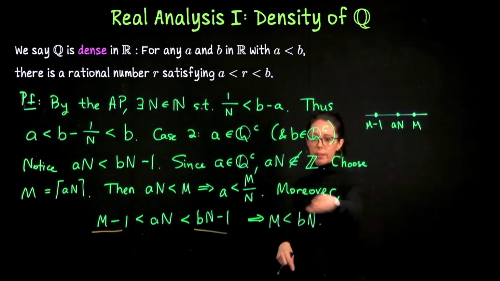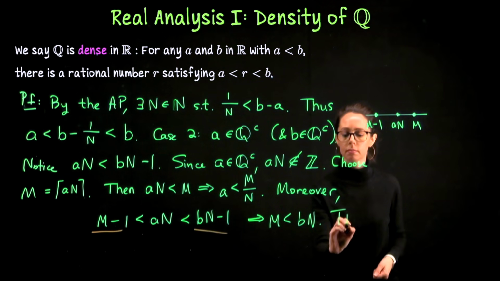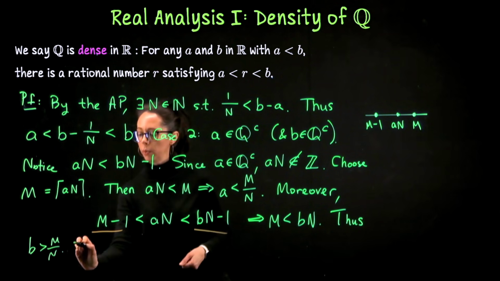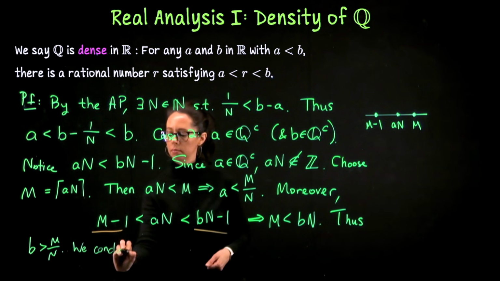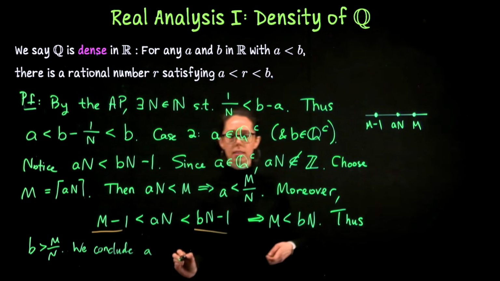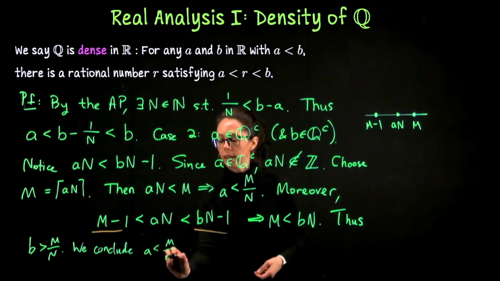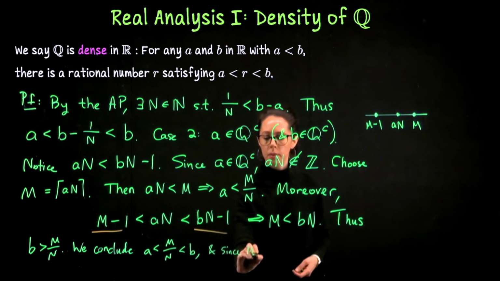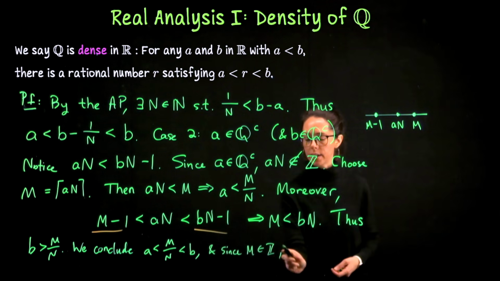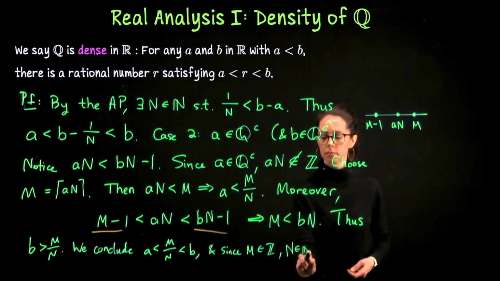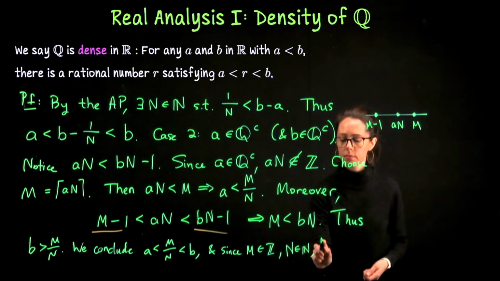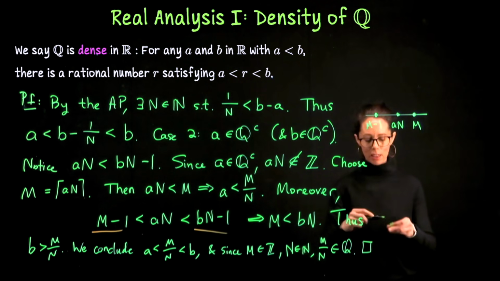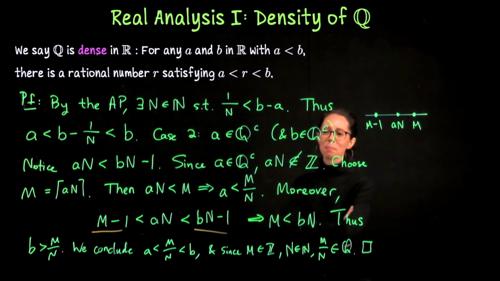So therefore, B is greater than m over N. We conclude that A is less than m over N is less than B, and since m is an integer and N is a natural number, m over N is rational. All right, so that wraps up the second case.